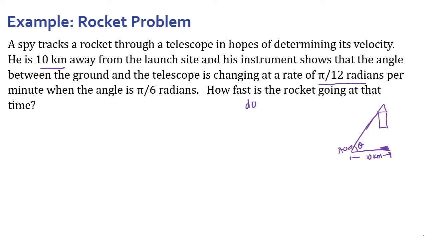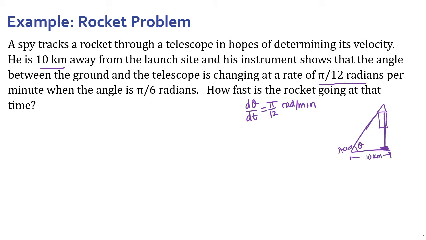Okay, so we know that the rate of theta is changing at pi/12 radians per minute, when the angle is pi/6 radians. We want to know how fast, so that's the velocity. So how fast is that rocket going?